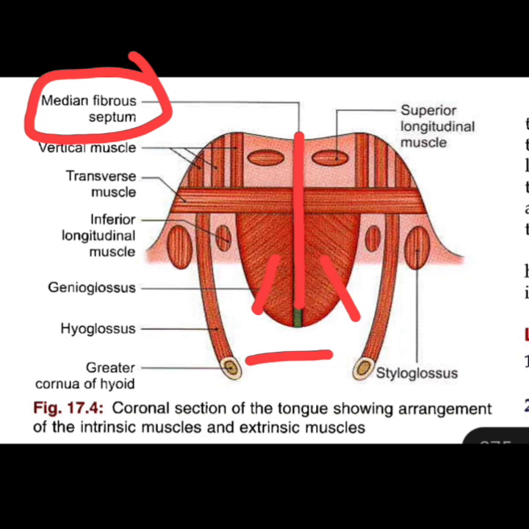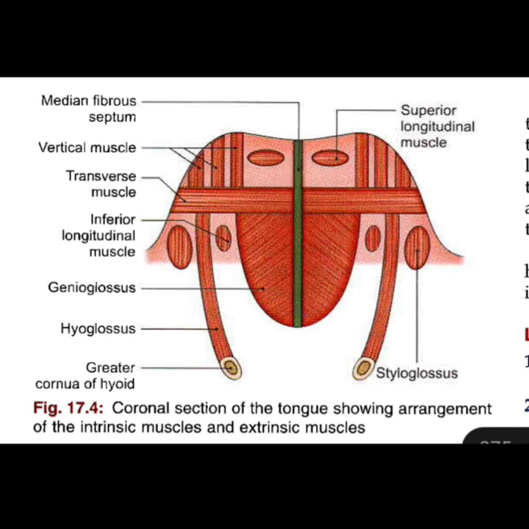There are two types of muscles in the tongue, intrinsic muscle as well as extrinsic muscle.